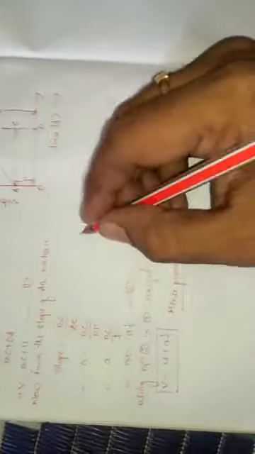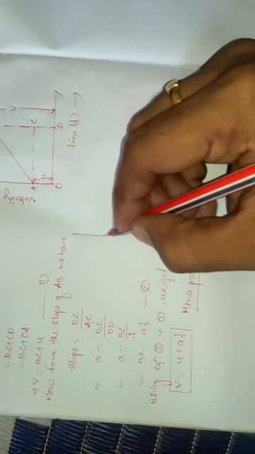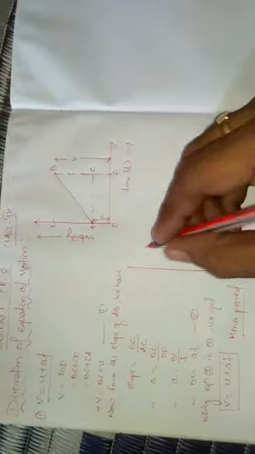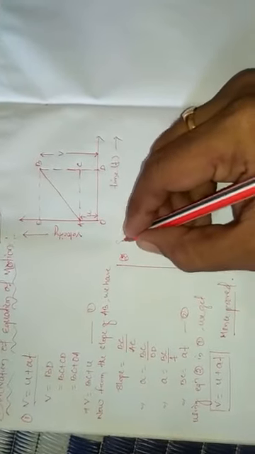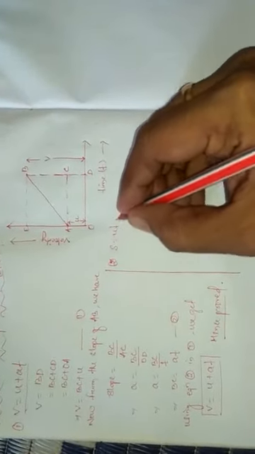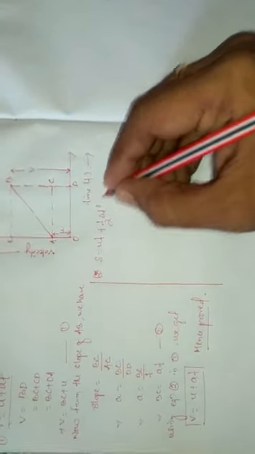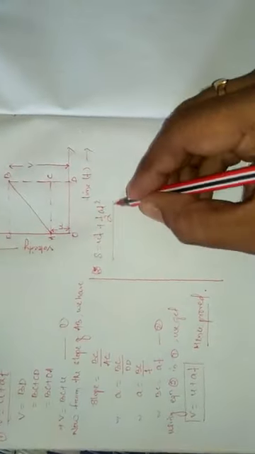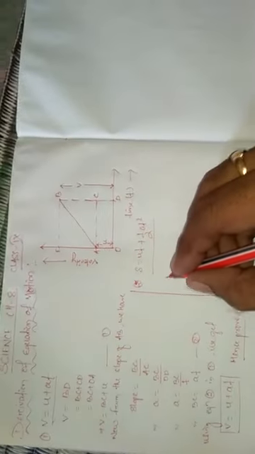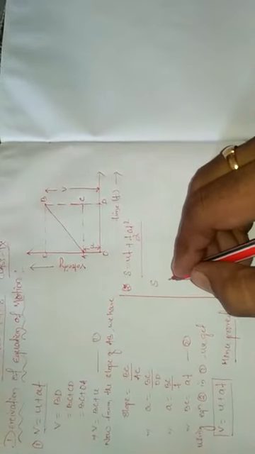Similarly, now we are going to derive the second equation of motion. Look here. The second equation of motion is s equals ut plus half at square. We know here s is the distance.